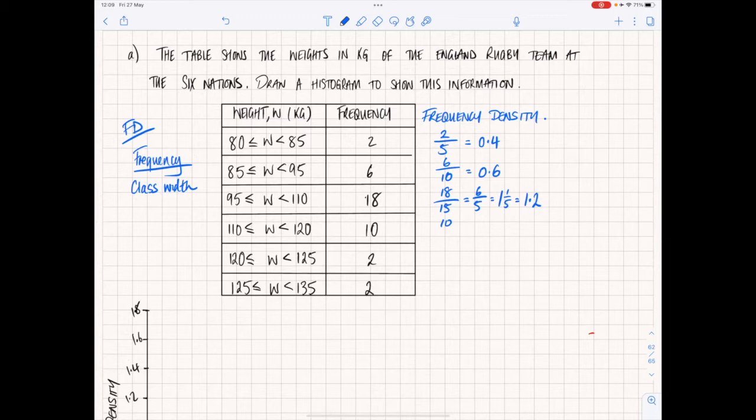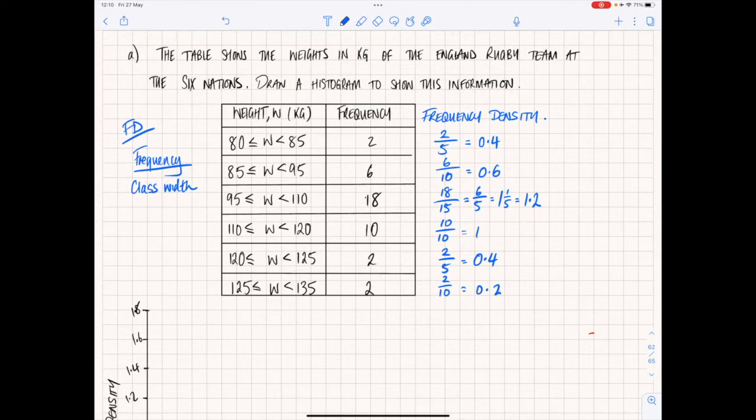Next one, 10 divided by, well, the difference between 10 and 20 is 10, so that becomes 1. Next one is 2 divided by 5, which again is 0.4, and the last one is 2 divided by 10, which is 0.2. So your first thing you're looking at doing is getting all of your frequency densities in, so that's your key kind of thing that you're going to look to plot with.